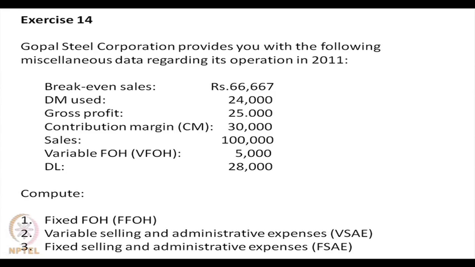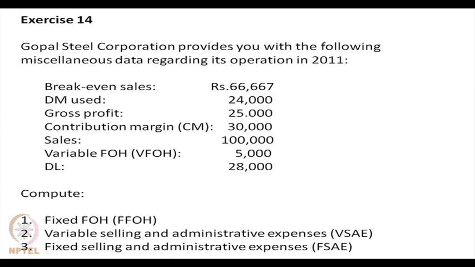This is an example that also talks about fixed cost and variable cost. Gopal Steel Corporation provides you with the following miscellaneous data regarding its operation in the year 2011. Break even sales value is given as rupees 66,667.